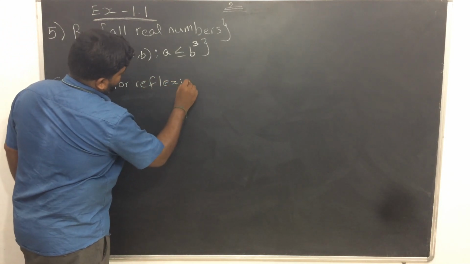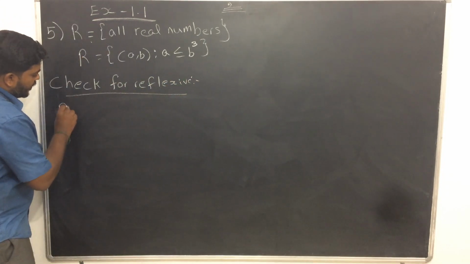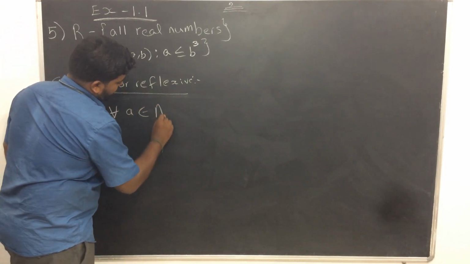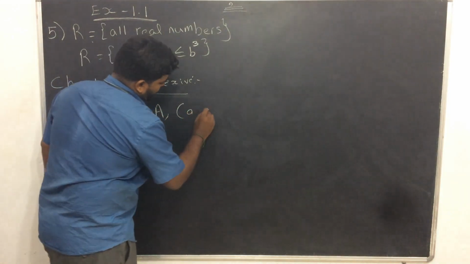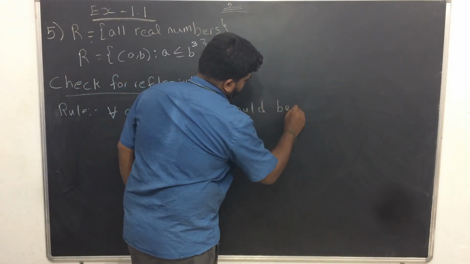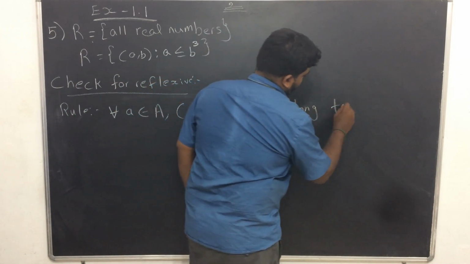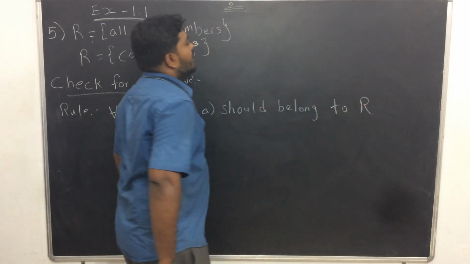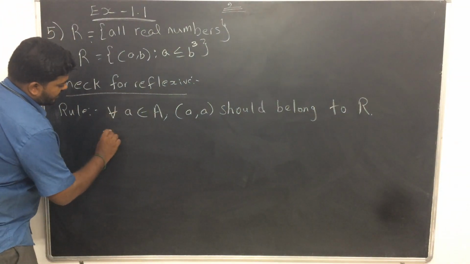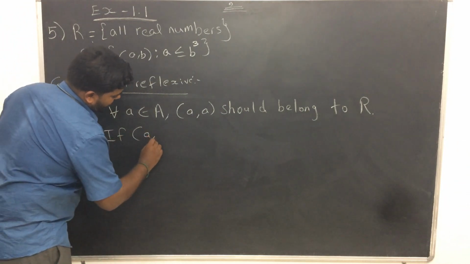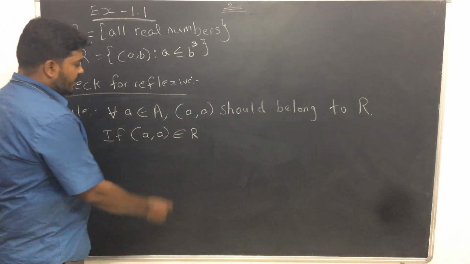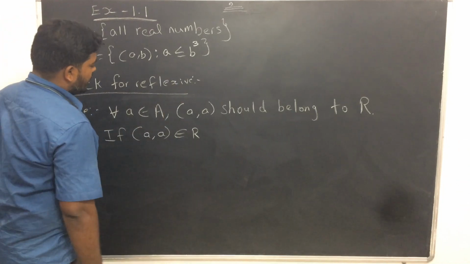So we know the rule for any relation to be proved to be reflexive is that for every a belonging to set A, the ordered pair of the form (a, a) should belong to R. This is the basic rule for any relation to be proved reflexive. Now, if (a, a) belongs to R, what does it imply?